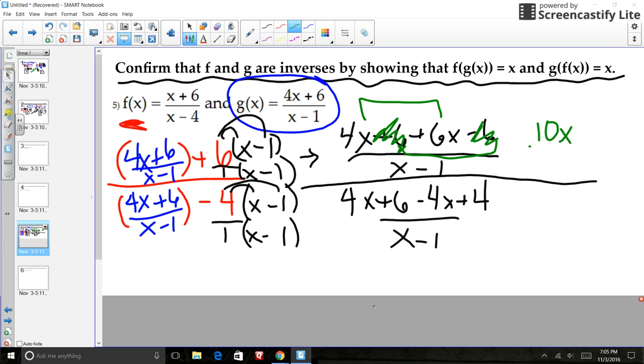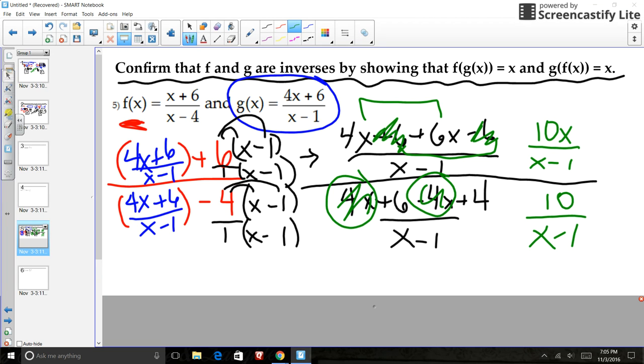That makes my life happy. All over x minus 1 because that's still on the bottom. Then let's look down on the bottom. 4x minus 4x. Oh, hey, that cancels out. Fabulous. And then I have positive 6 plus 4. So that's just 10 over x minus 1. Okay, so there's a couple of things that are going on right now.